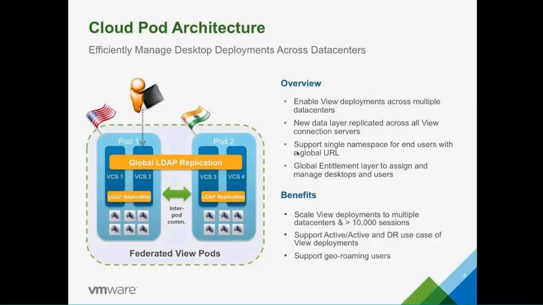So we talk about the pod architecture. The big improvement that's been made is our ability to create Active Directory replication between points or sites, as we talk about the pods. That means that when a user logs in, let's say in New York, he's going to get access to the machines that he needs, and that New York site is going to have knowledge of the machines he's accessed.